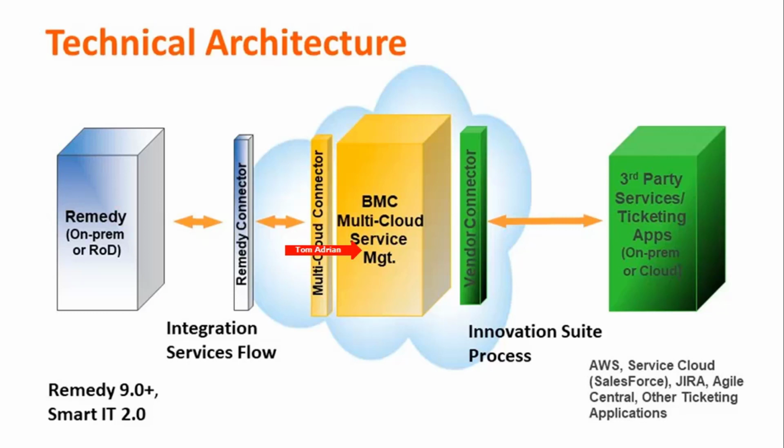The multi-cloud service management application itself also provides a lot of value. So in addition to just moving data, what the multi-cloud service management application provides is the ability to enrich that data and to be able to do things like track service level management, service level agreements against your vendors, and have that data show up in the cloud service dashboard that Pradeep showed.